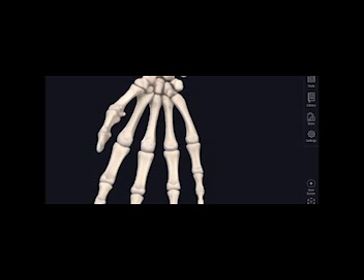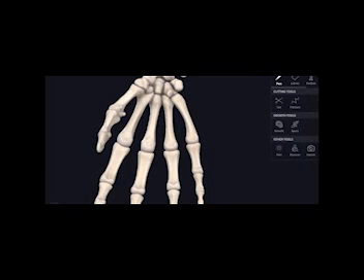All right, so let's talk about joints in our hands. Okay, so the first joint that I want to talk about is the carpometacarpal joint. As the name suggests, it's a junction between the carpal bones and the metacarpals. So if you look at the first metacarpal right here, it's the junction between the trapezium, which is this one, and the first metacarpal.